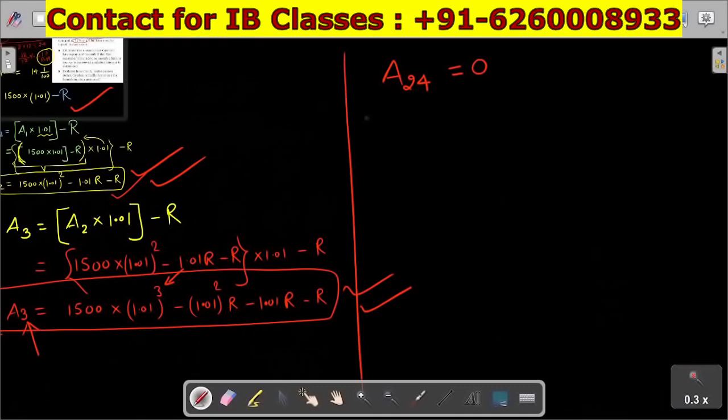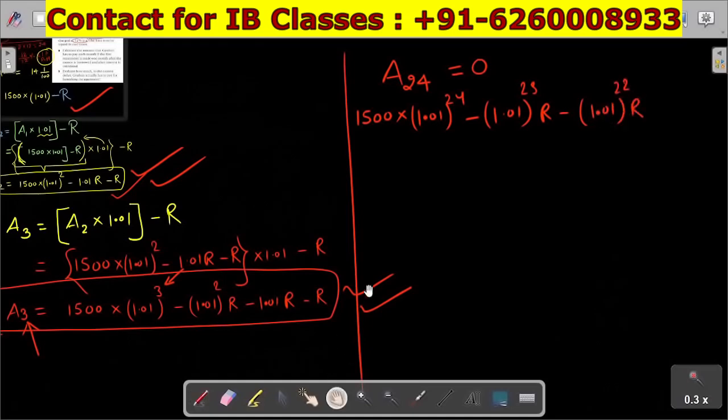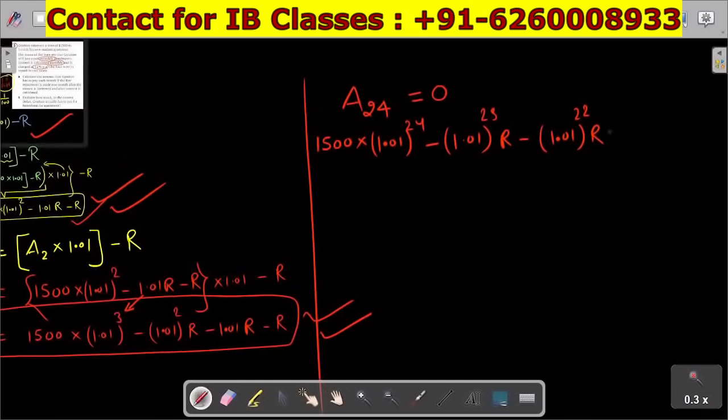So now I'm writing A24, so it should be 1500 into 1.01 raised to power 24 minus 1.01 raised to power 23 r minus 1.01 raised to power 22 r, like this, and it will continue, minus dot dot dot, r should be equal to 0.